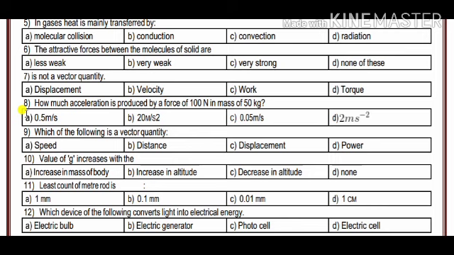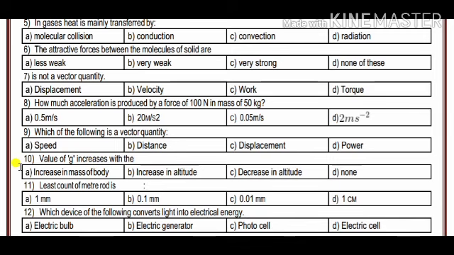How much acceleration is produced by a force of 100 Newton on a mass of 50 kg? Which of the following is a vector quantity? Speed, distance, displacement, power.